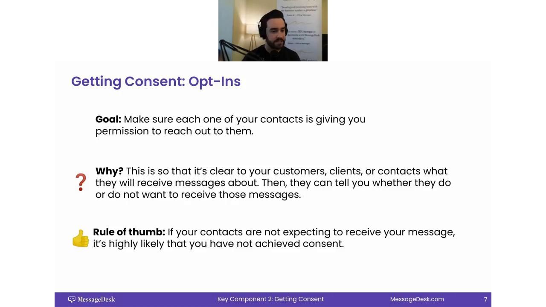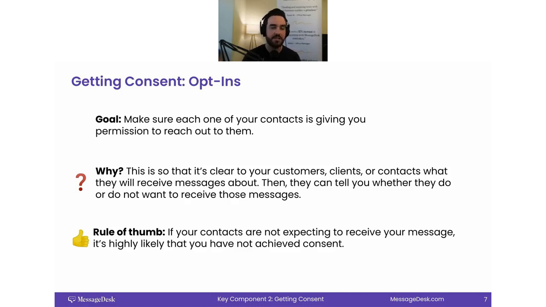So for individual conversations where a customer reaches out to you, let's say I, Ben, reach out to Kyle and I'm asking, hey Kyle, I know you have this great business and you're a great hairdresser. I wanted to know if you had any open bookings for next week. Since I, the individual, am messaging Kyle, who represents the business, that is implied consent. I don't really need to get consent for individual conversations that are support in nature, where your contact is reaching out to you to ask one question.